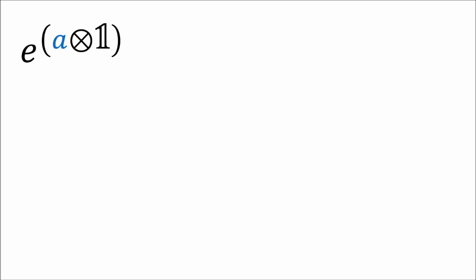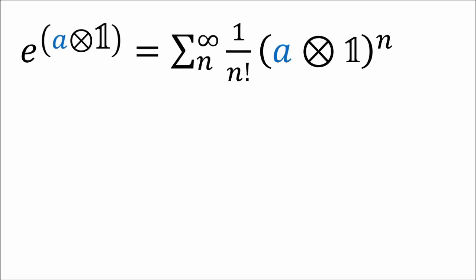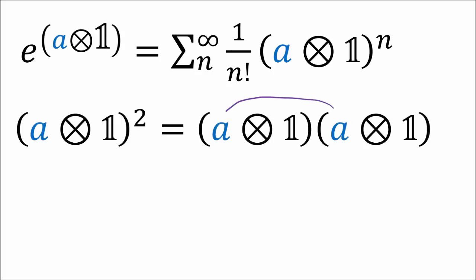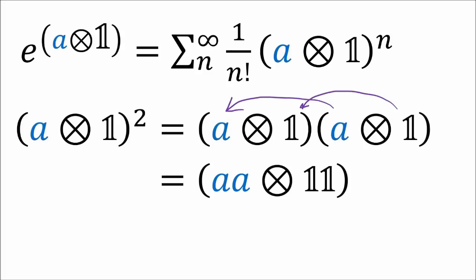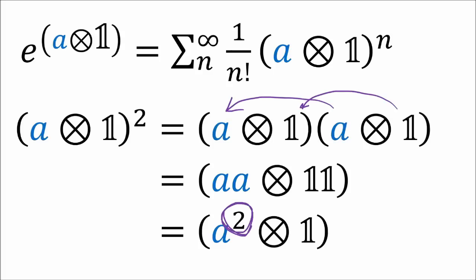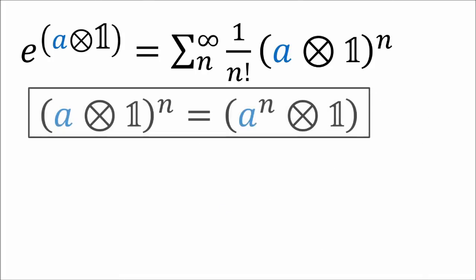Next, if we exponentiate A tensor identity, we get an infinite series in powers of A tensor identity. If we look at the squared term and do the application, we end up with A squared tensor identity. So really, the nth power of this expression is just A to the n tensor identity.